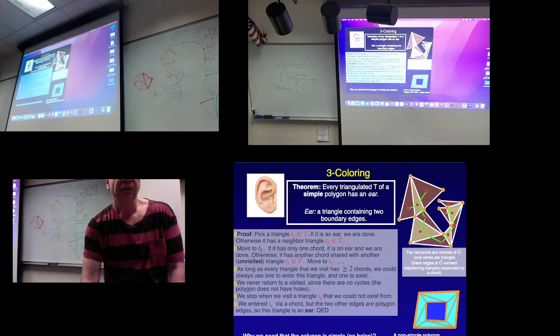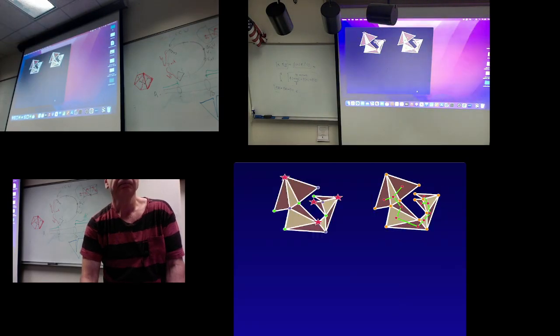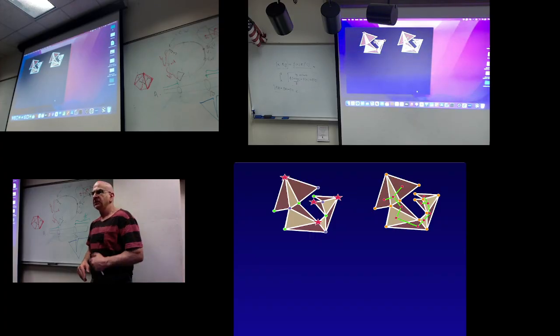Okay, and now we are moving to the ear chopping algorithm. Is there a correlation between the number of ears a polygon has and maybe the number of vertices or edges or chords? All I can prove is that the total number of triangles is absolutely correlated.